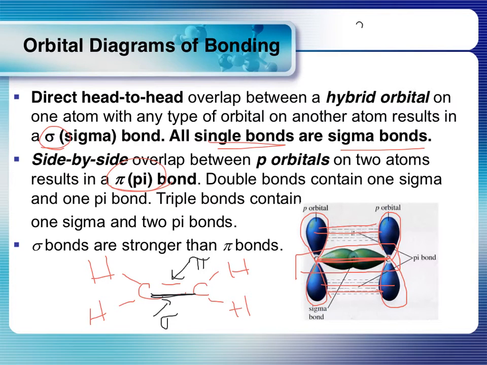With a triple bond, let's take acetylene for example, one of the bonds is always a sigma bond, a head-to-head overlap of orbitals, and the other two bonds are pi bonds. But only in a multiple bond do you encounter p orbitals bonding in pi bonds.